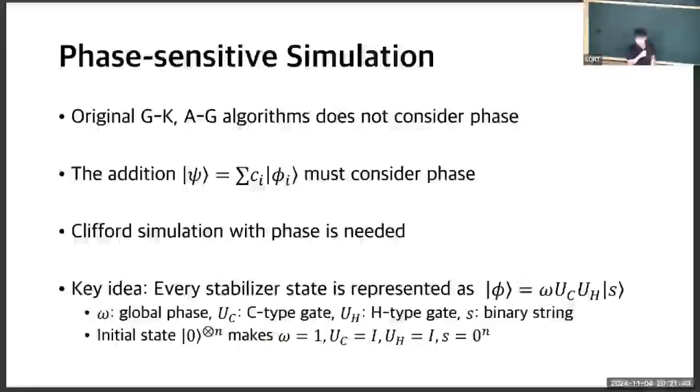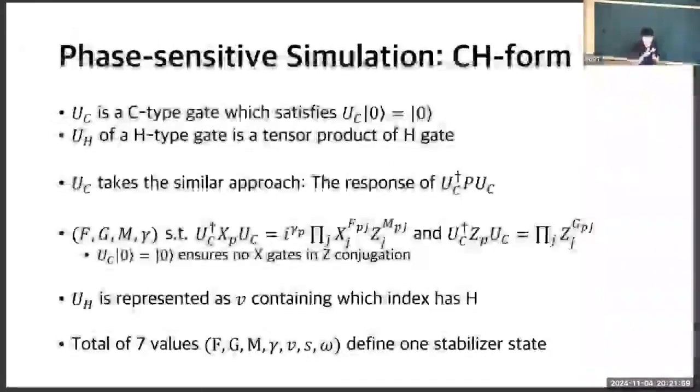The initial state would just have omega equals 1, UC equals I, UH equals I, and S equals 0. The C-type gate and H-type gate will be explained in the next slide.